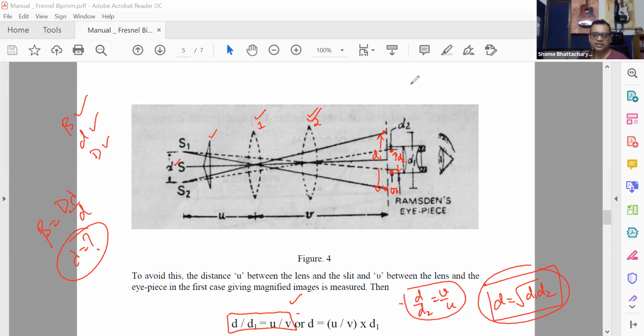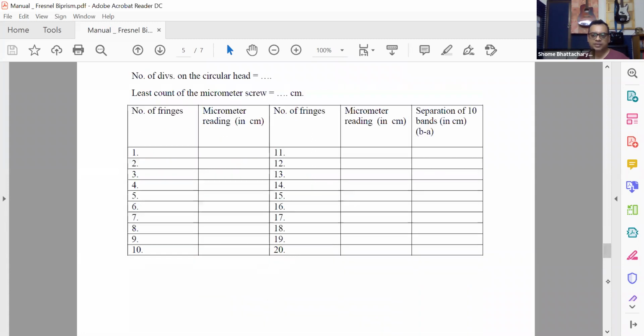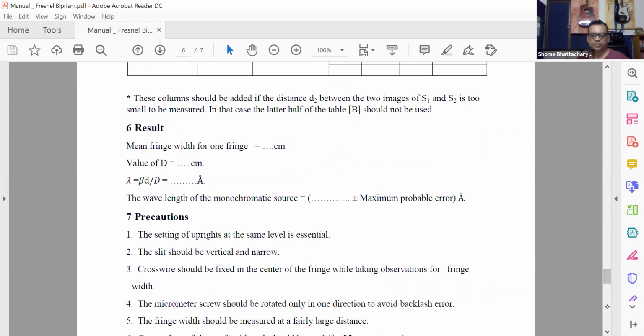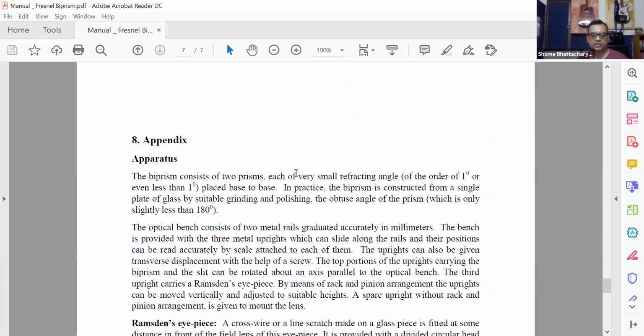If you guys like, I will send you this manual also, though it is actually part of the BTech first year manual. So the details of this experiment are not that important for you. But for example, the original apparatus you will see here says very clearly that each of the refracting angles is 1 degree or less.